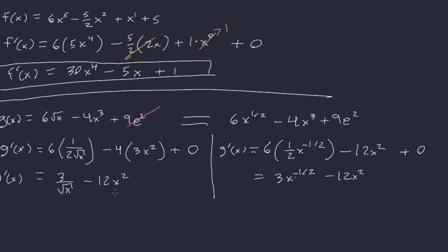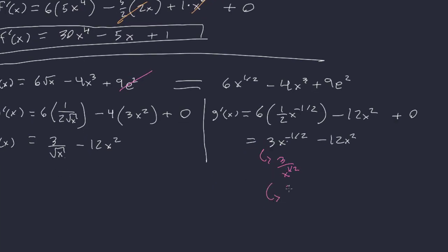These, though they look different, are exactly the same thing, because here you can move this down to be 3 over x to the 1/2, and x to the 1/2 is the same thing as writing 3 over square root of x.